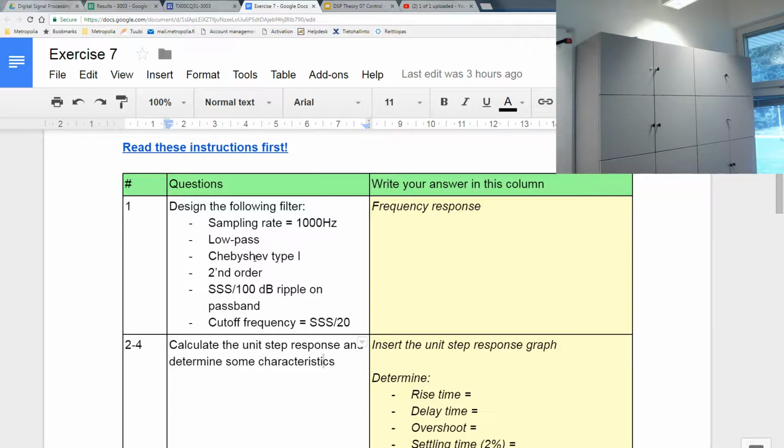So for quite an obvious reason, the Chebyshev second order Z-plane looks more or less like that. And basically these here define the behavior.